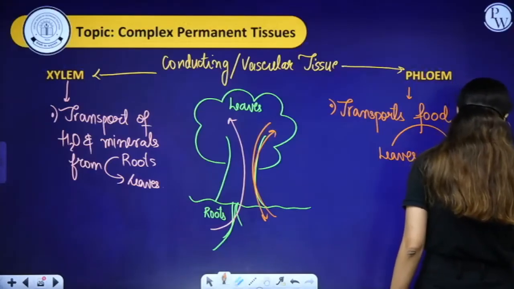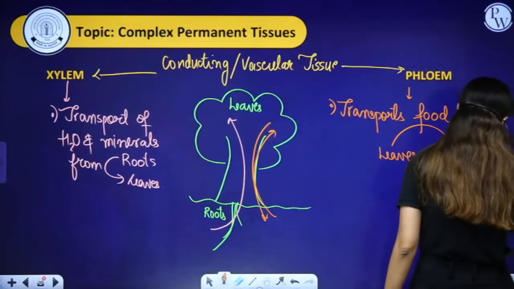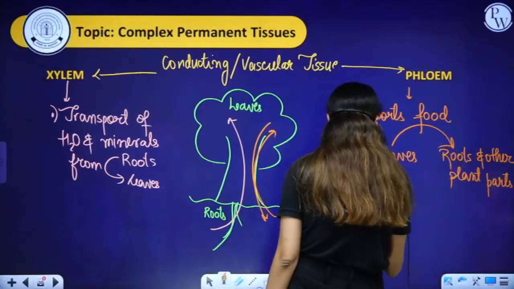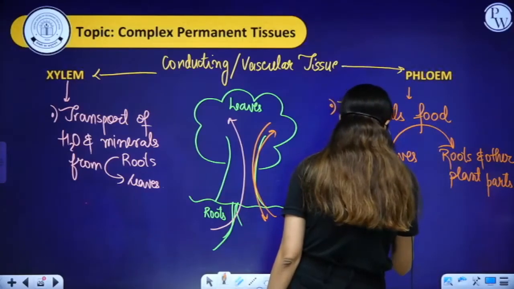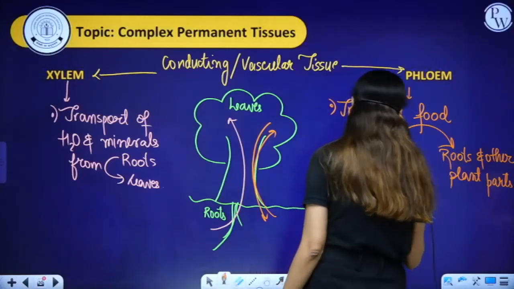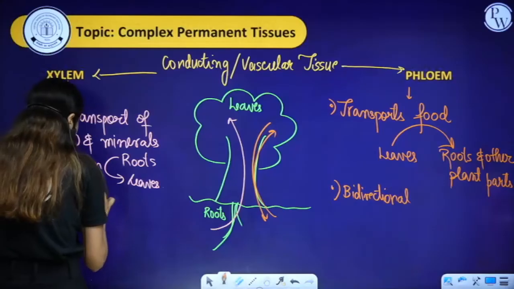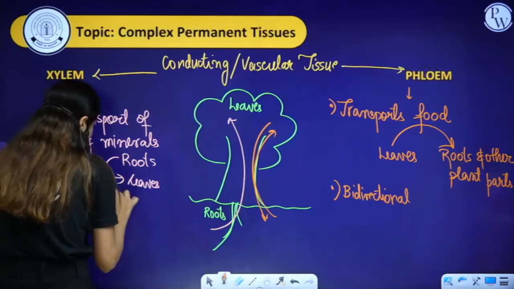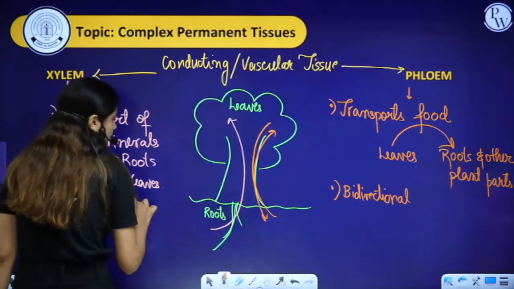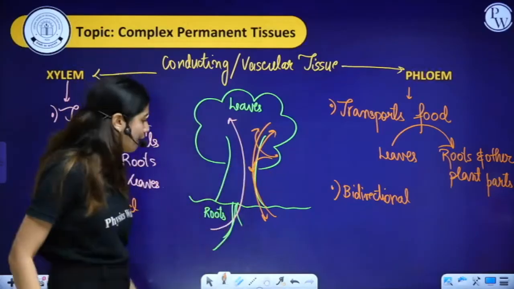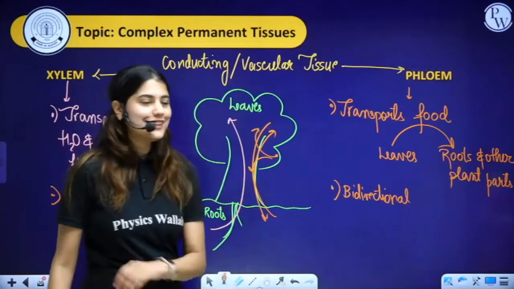And remember, this is bidirectional. That is, it can move from upward to downwards and downwards to upward. On the other hand, the transport of xylem is only unidirectional. Right? The food can move from here to here, upward or downward, right?